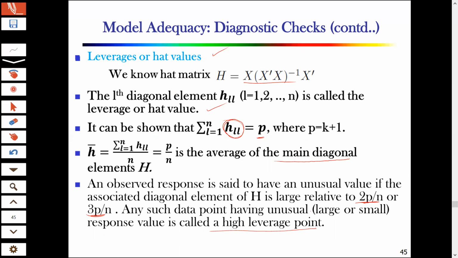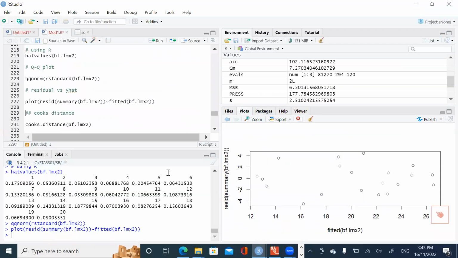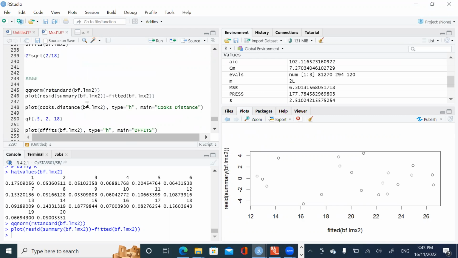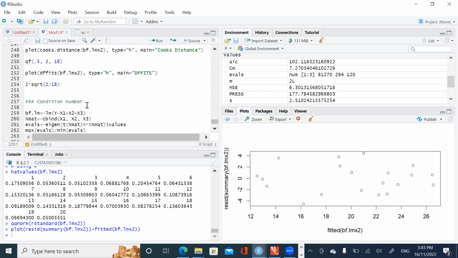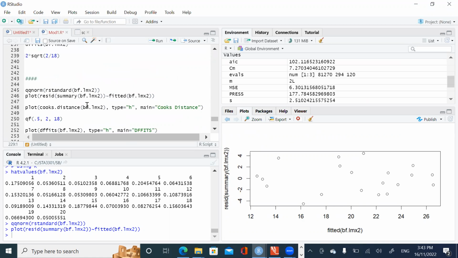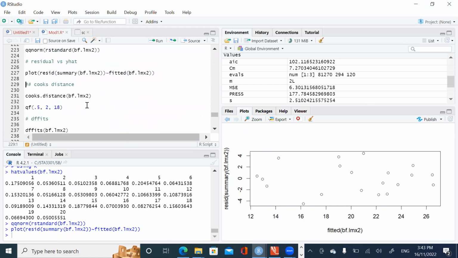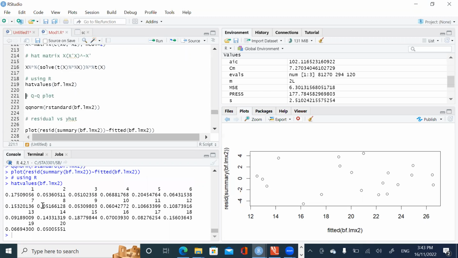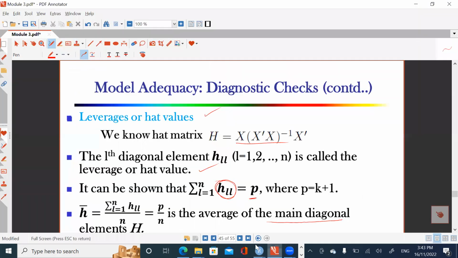So let's go back to my R, I think I have that example. Look at the hat values here. These are my hat values. And what's the condition?